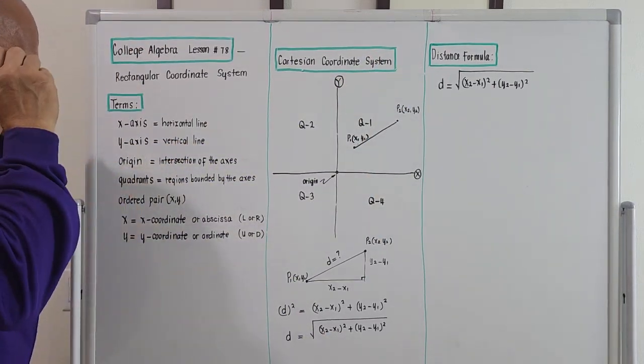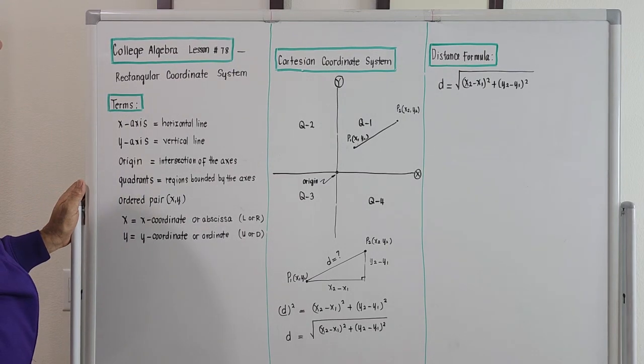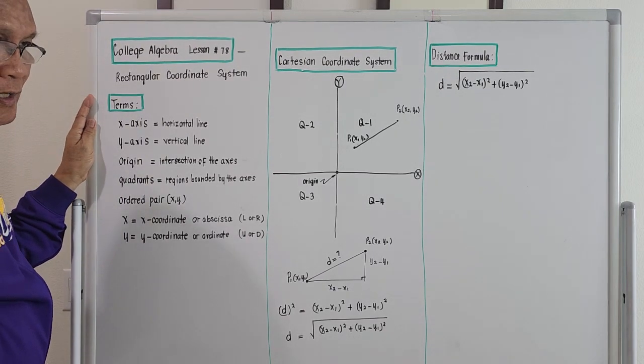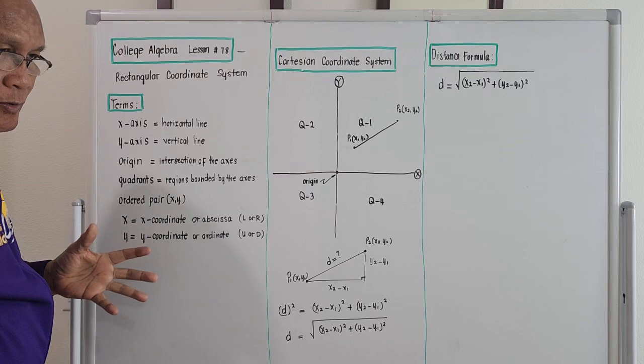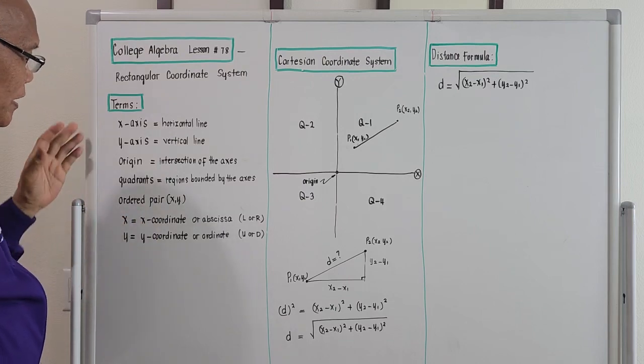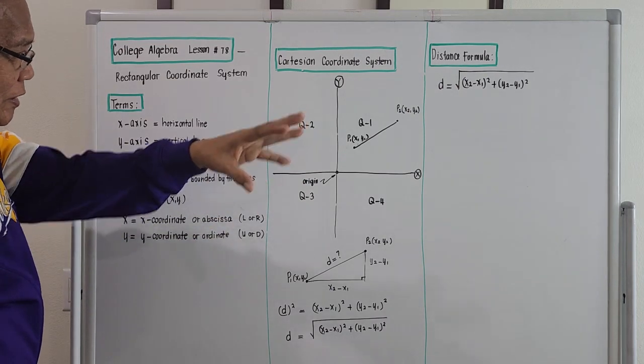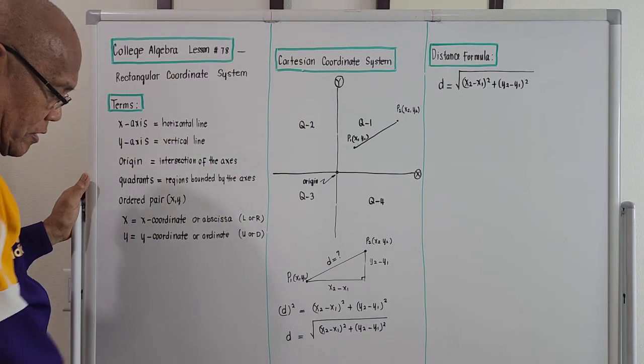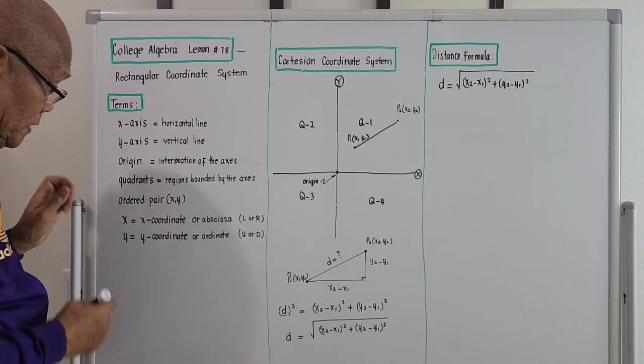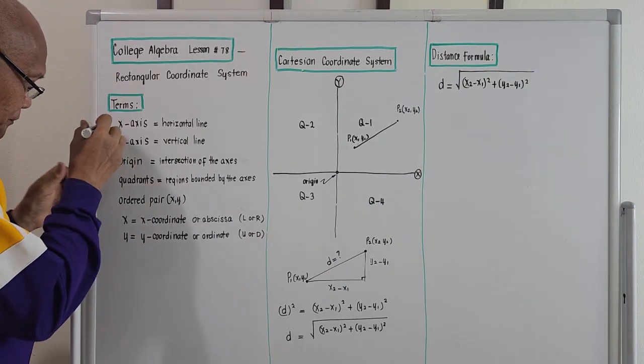For the Cartesian coordinate system, there are terms which need to be defined, and I write the terms that are needed over here just to understand what is the Cartesian coordinate system. Number one, x-axis.